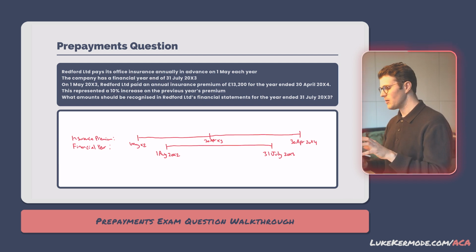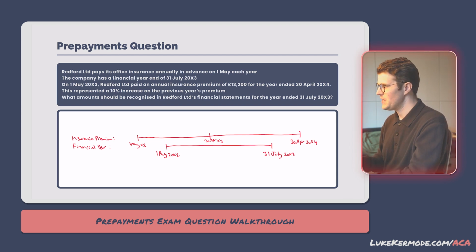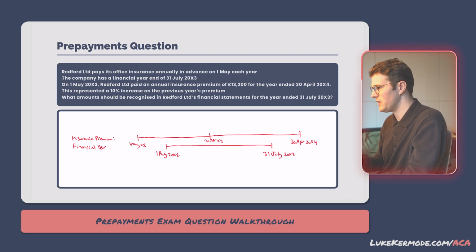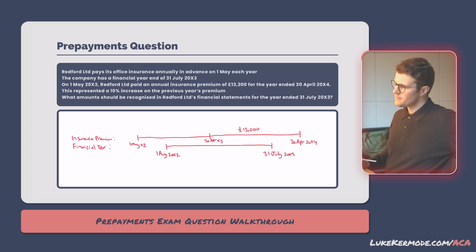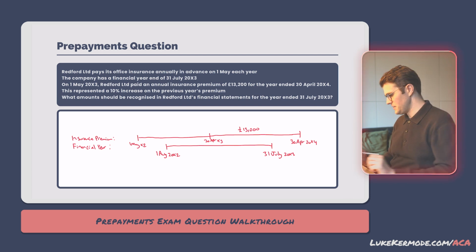So now that we've got our timelines all mapped out, the next thing we need to do is work out the first year's insurance premium. So we know that the insurance premium for the year ending 30th of April 2004 is £13,200. But we're told in the question that this is a 10% increase on the prior year's insurance premium.